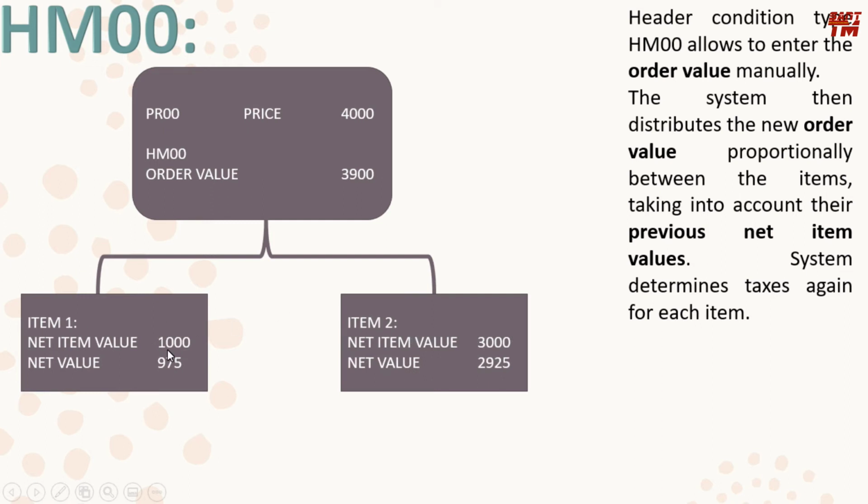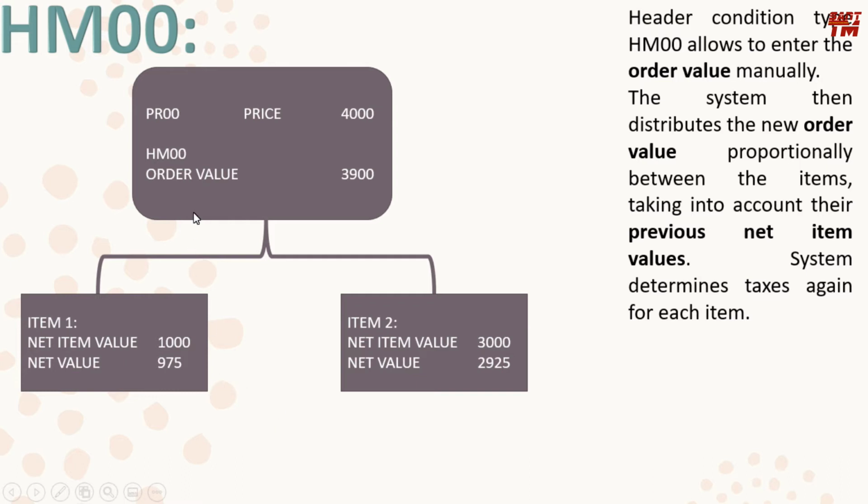The net item value of item 1 is 1000 and of item 2 is 3000. That means 4000 is distributed in the ratio of 1:3. One part of 4000 is here and 3 parts of 4000 are here.